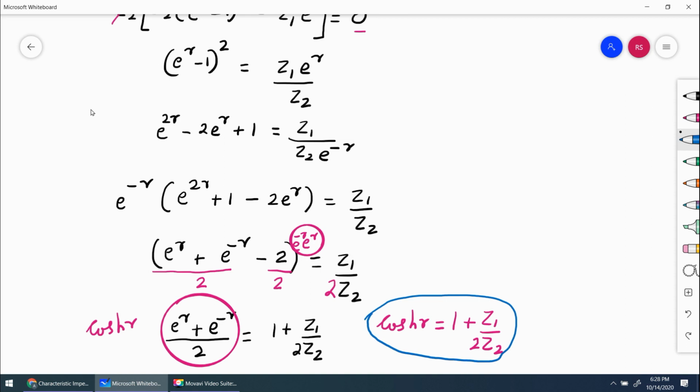Now we can also obtain another expression for the complex propagation constant in terms of hyperbolic tangent rather than hyperbolic cosine, and in that also maths is involved.